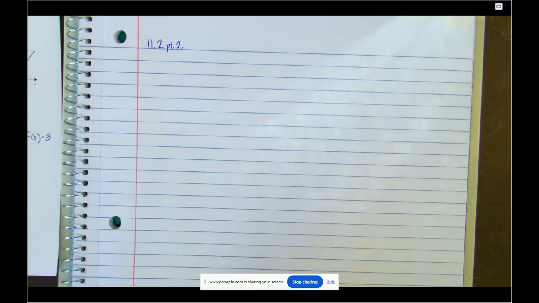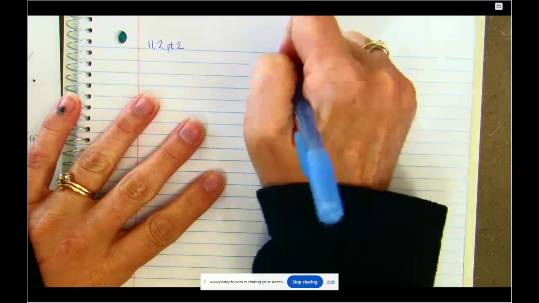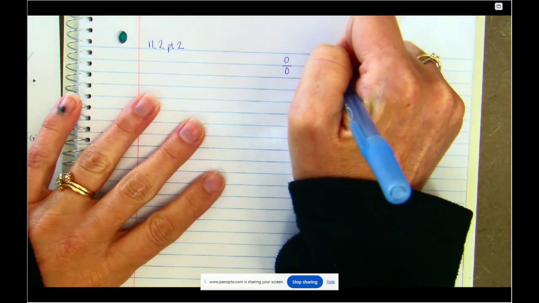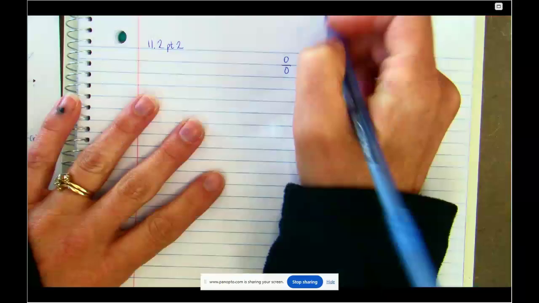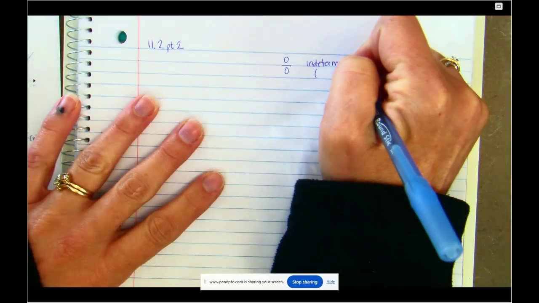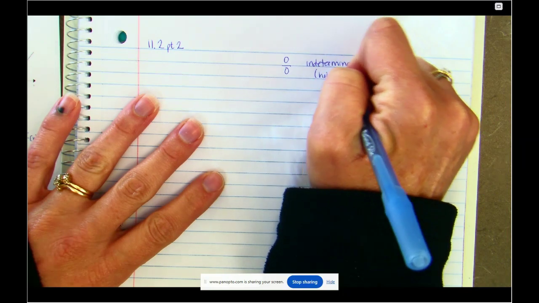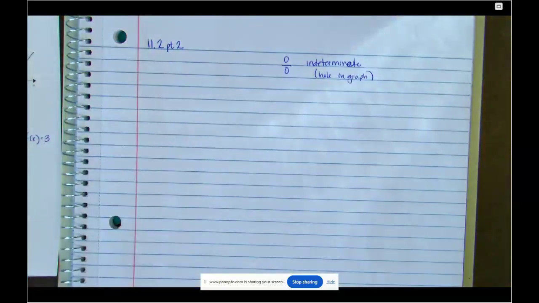And we talked about then, if you get 0 over 0, what's that called? It's called indeterminate. Go ahead, Andy. It indicates that there's a hole in the graph. Indeterminate. Okay. Indicates that there's a hole in the graph. And so we talked about yesterday, one of the ways to remove the hole is to factor.